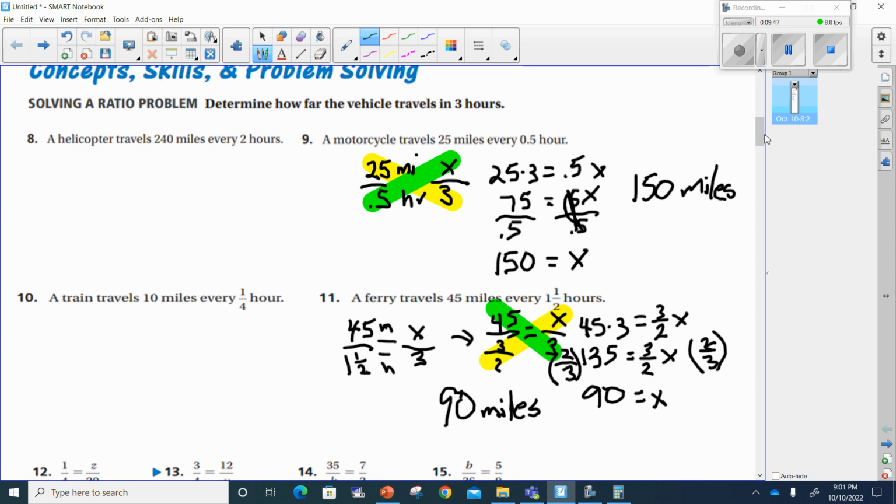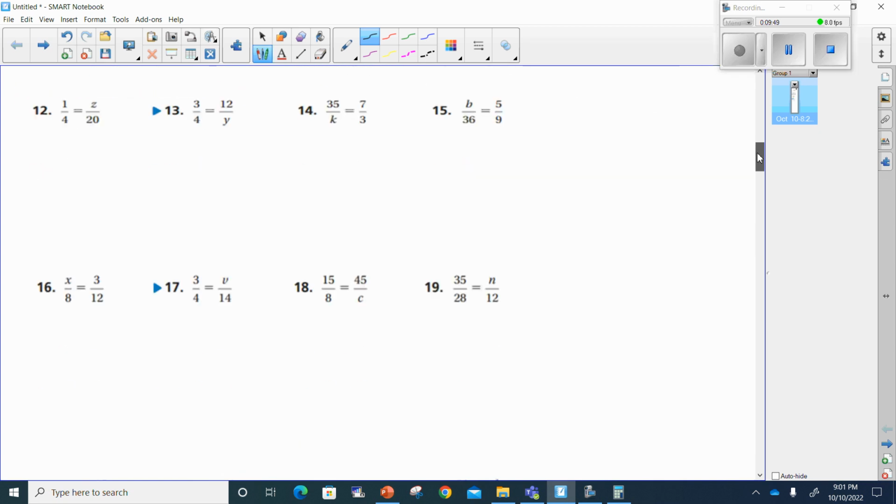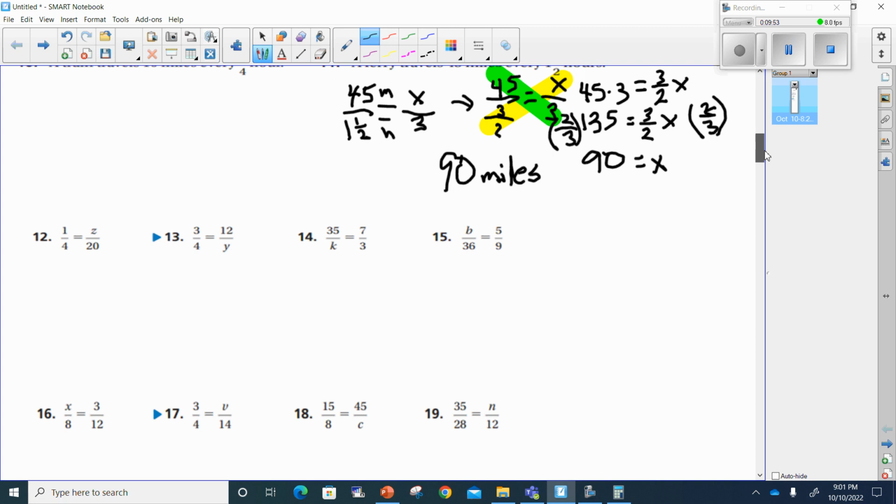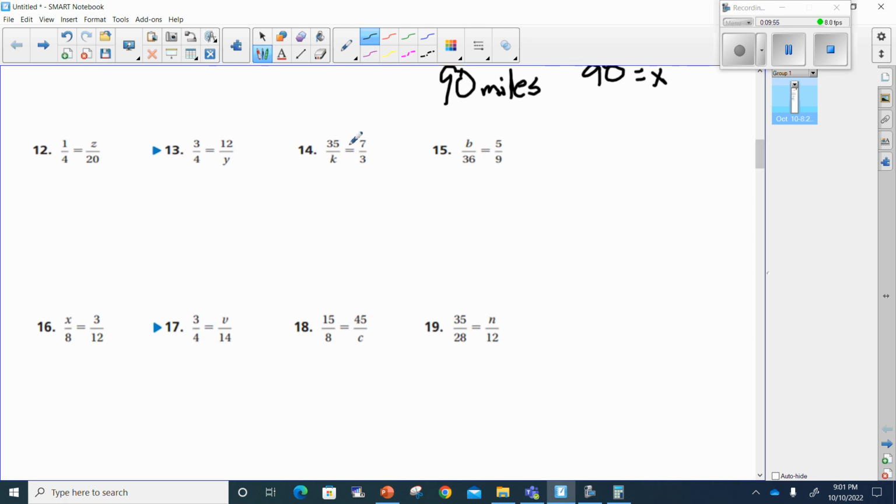All right, let's go ahead and go to number 13. Looking like they want us to solve for proportions. Since they want us to solve for y, remember when we cross multiply, 3y has to equal 4 times 12.